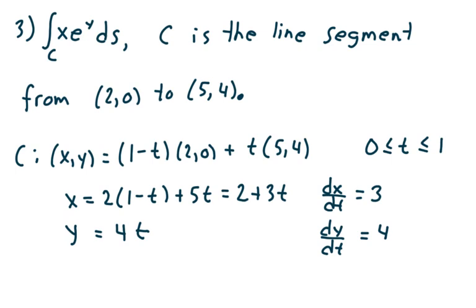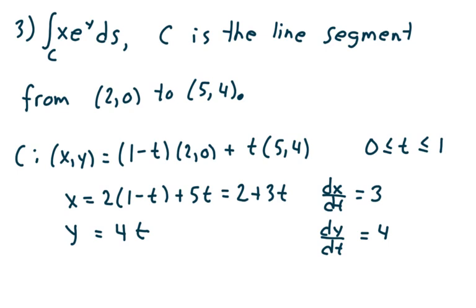Let's look at example 3. Suppose we have the integral over c of x e to the y ds, where c is the line segment from (2, 0) to (5, 4). So the typical way you parameterize a line segment from one point to another is the following. The ordered pair (x, y) is 1 minus t times the initial point, which is (2, 0), plus t times the terminal point, which is (5, 4).